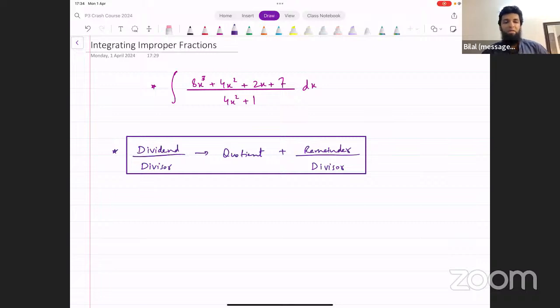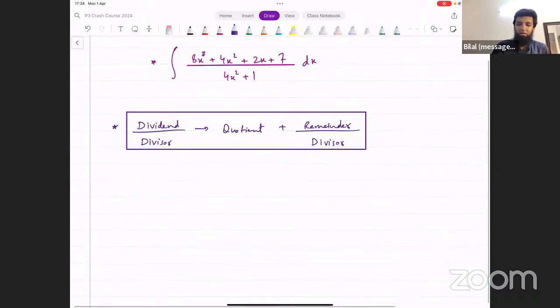So you should be able to figure this out. Whenever you have improper fractions, what you have to do is do long division, break it down into quotient plus remainder over divisor for integrating. So how do we start? We start by doing long division.